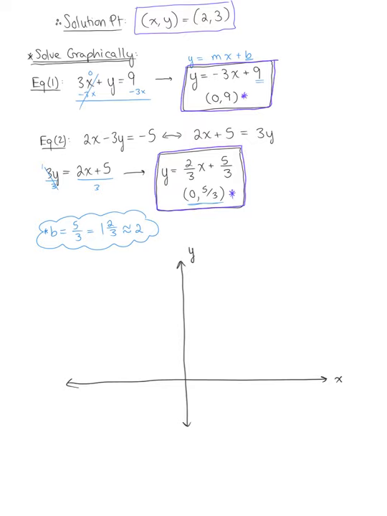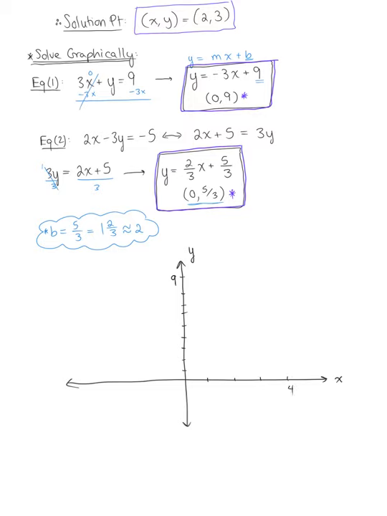I want to make sure that my y-axis scale is large enough to incorporate 9, so I'll just do 1, 2, 3, 4, 5, 6, 7, 8, 9. Obviously my tick marks are not of equal size here, so it can be useful to incorporate graphing paper if you have it. And then for the x values, we'll just do 1, 2, 3, 4.